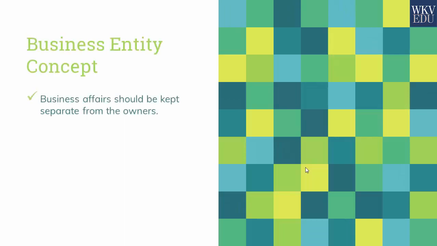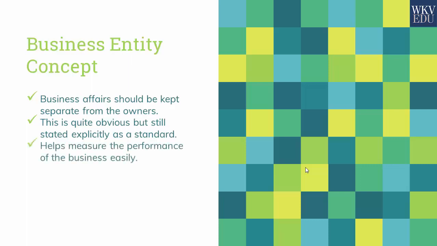Business entity concept. The business entity concept states that a business is a separate entity from its owners. Therefore, business affairs should be kept separate from the owners. This is quite obvious, but still stated explicitly as a standard, as mentioned earlier under the IFRS. It helps us measure the performance of the business easily.